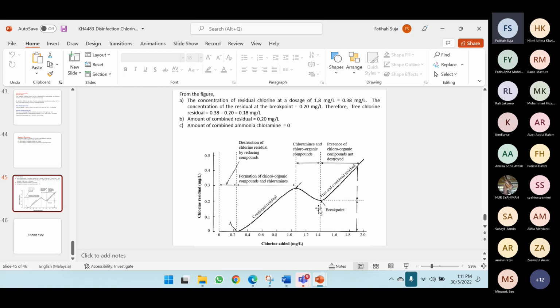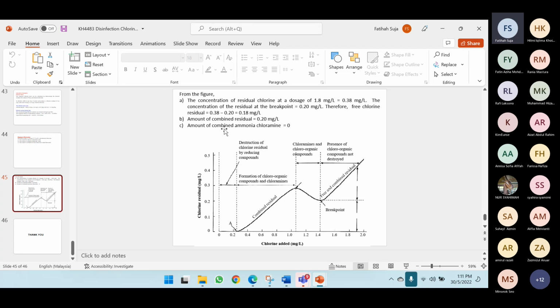So the free chlorine residual is only 0.18 milligram per liter, because you have already subtracted using the formula that we have discussed just now. Amount of combined residual. So finally, at breakpoint, after the combined residual, you get 0.2 milligram per liter.